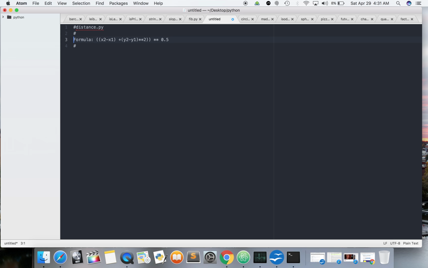So this program takes 2 inputs and calculates the distance between the points.